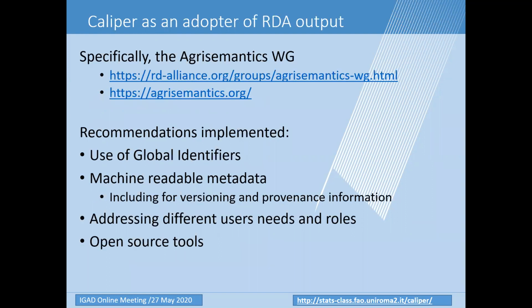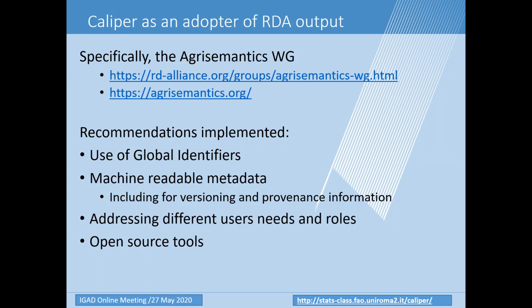I'd also like to say that Caliper implements recommendations from RDA, specifically from the Agrisemantics Working Group. Agrisemantics published a number of high-level recommendations for addressing different roles and users working with agricultural data, with data in general.